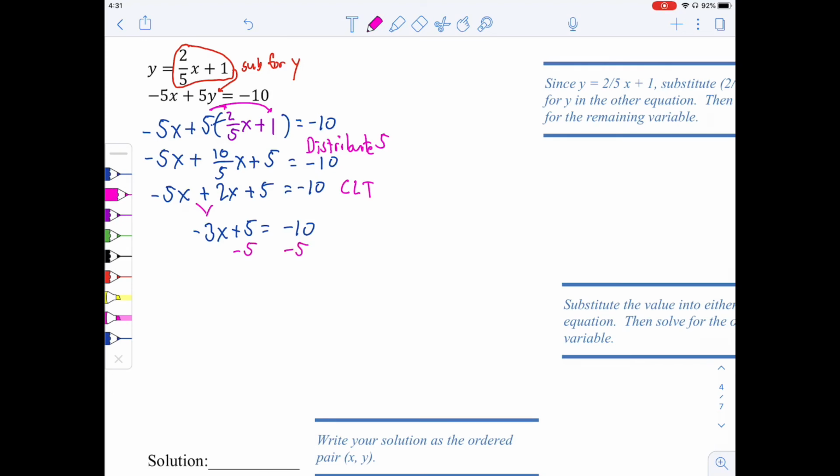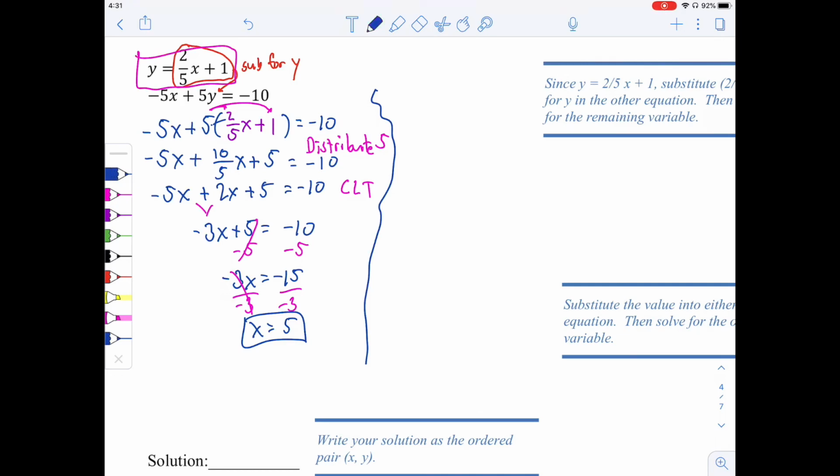And keep solving. Subtract 5. Negative 15. Divide by negative 3. X equals 5. And again, we take that 5, right, and we put it into either equation, whichever one. Let's use the top one. It's easier. It's already solved for y, right? So we get y equals 2 over 5x plus 1.